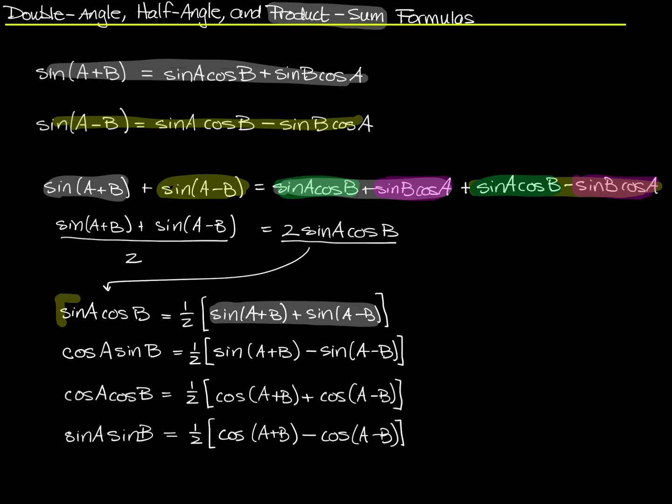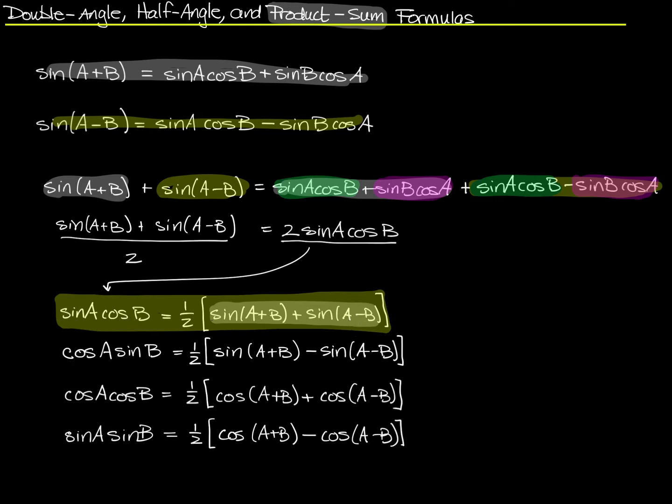That's actually how we got this first formula. We started with sine of A plus B plus sine of A minus B. We rewrote what those expressions were, how they could be simplified using the formulas. The sine of A plus B is this, the sine of A minus B is this. We rewrote those, and then we played around with them until we had solved for this product.